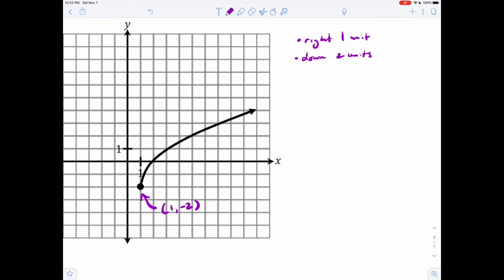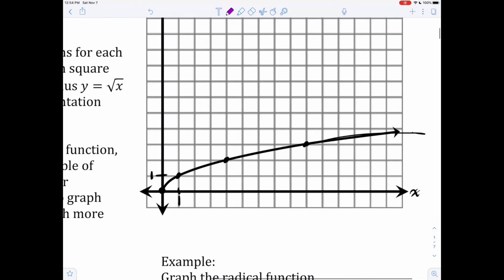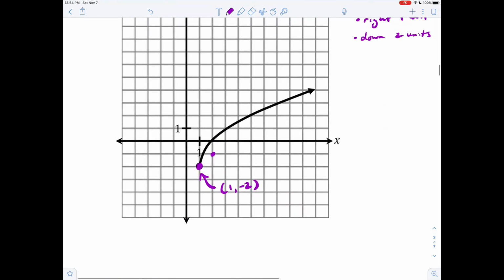Then we need some other point to tell us what we did. Now normally from here, we would just go there, right? No stretches or compressions, that's what we do. We take a look at our original parent function. From 0, 0, the next point is 1 over 1 up. That's where it's supposed to be. This thing is 1 over 2 up.